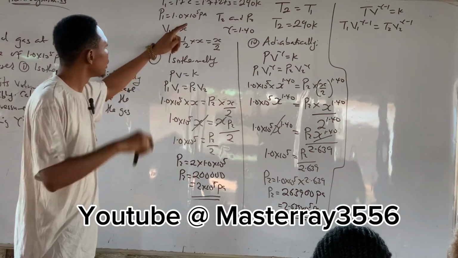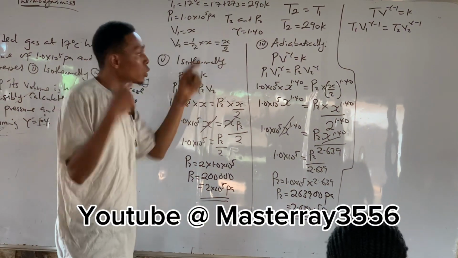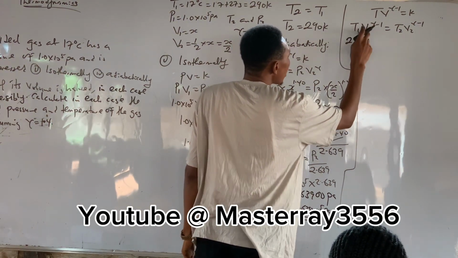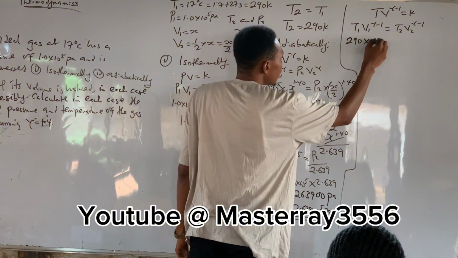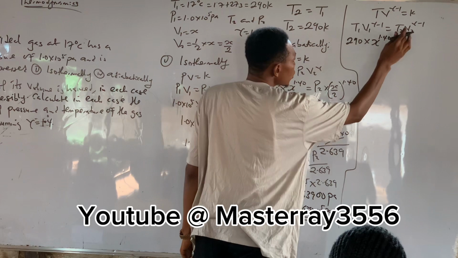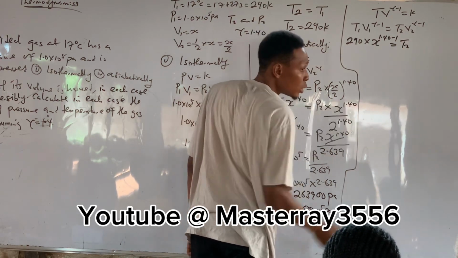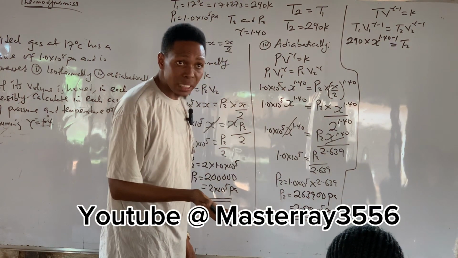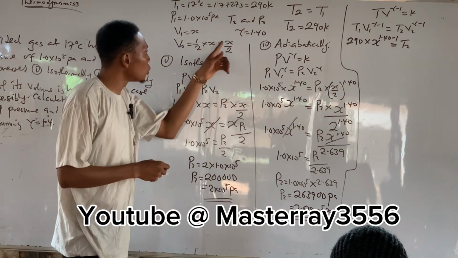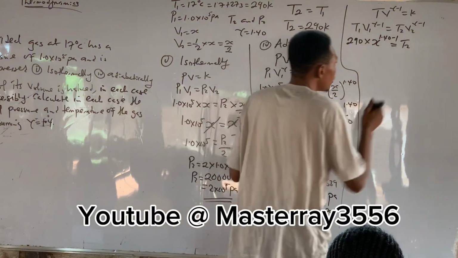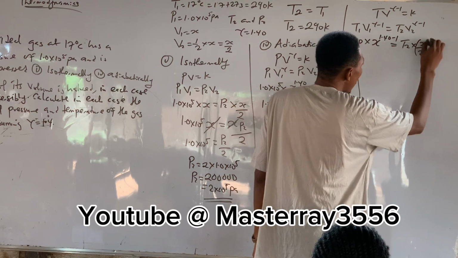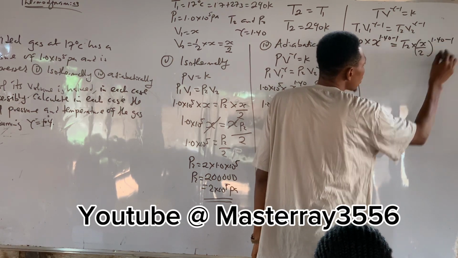T1 is 290. Then times V1, which is X, raised to 1.40 minus 1. Then equals T2, which is unknown. That's what I'm looking for. Then what's our V2? X over 2, raised to power 1.40 minus 1.